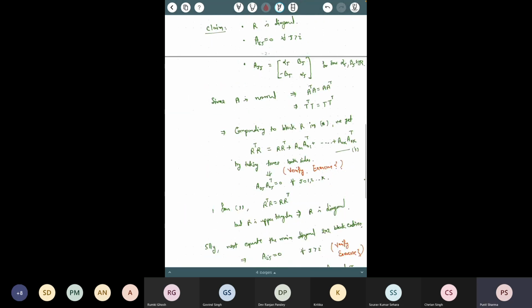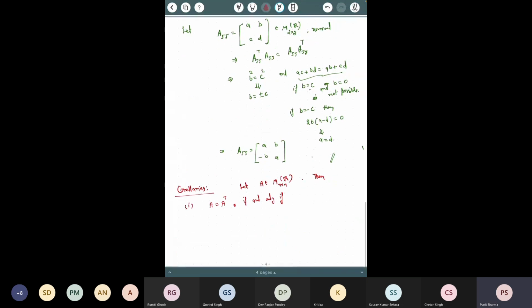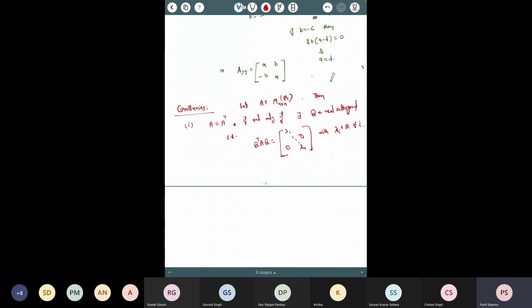So what you can say here is the following: if A is a real matrix, then A is equal to A transpose if and only if there exists Q real orthogonal such that Q transpose AQ is equal to diag(lambda 1 to lambda n). That means a diagonal matrix with lambda i in R for all i. Okay, fine. Now this is immediate.